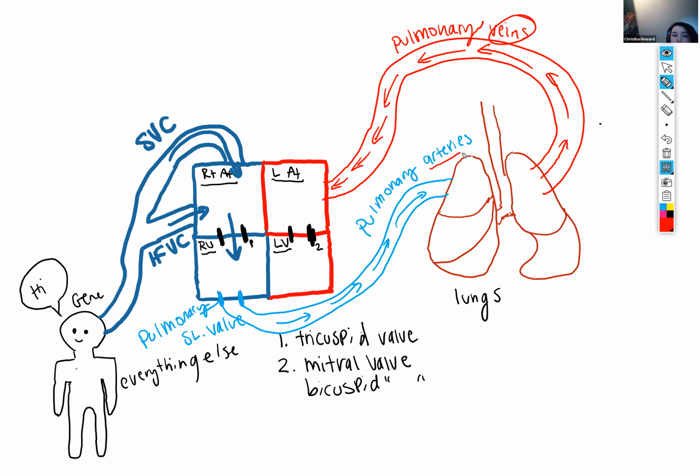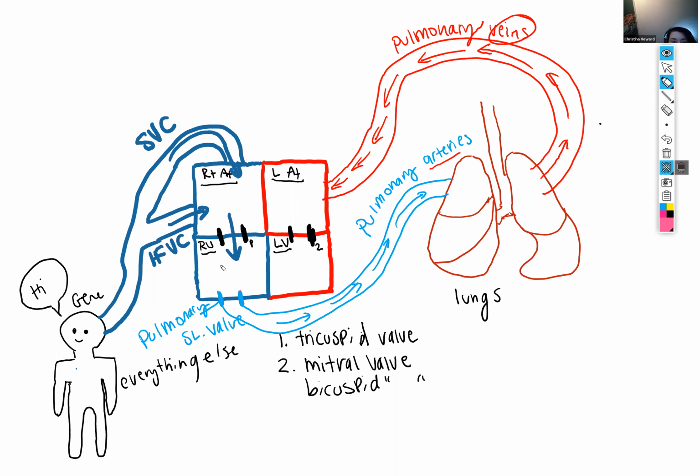Which brings me to an important point. The systemic circuit and the pulmonary circuits are associated with the right side of the heart and the left side of the heart, respectively. So let me find my highlighter here. There we go. The pulmonary circuit is the circuit of blood between the heart and the lungs.